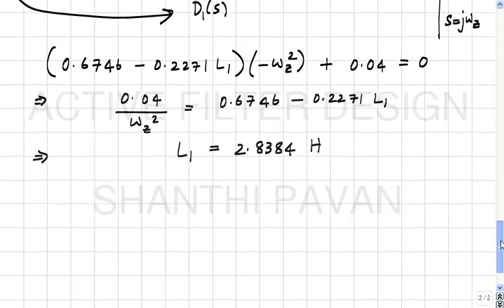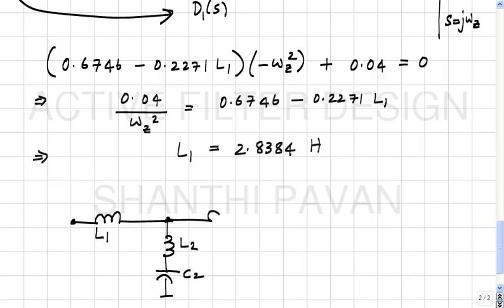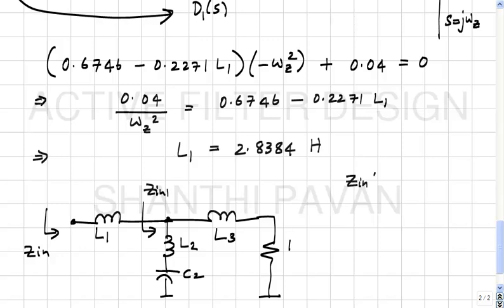Okay. So the next step, therefore, is to observe that Zin1 of s, which is Zin of s minus SL1, goes to 0 at s equal to plus minus j omega z.